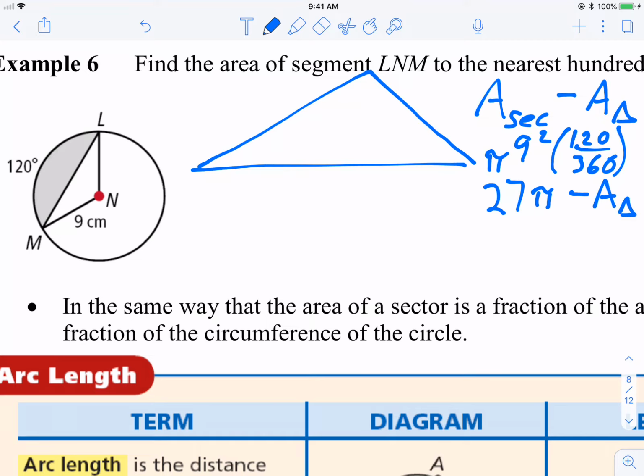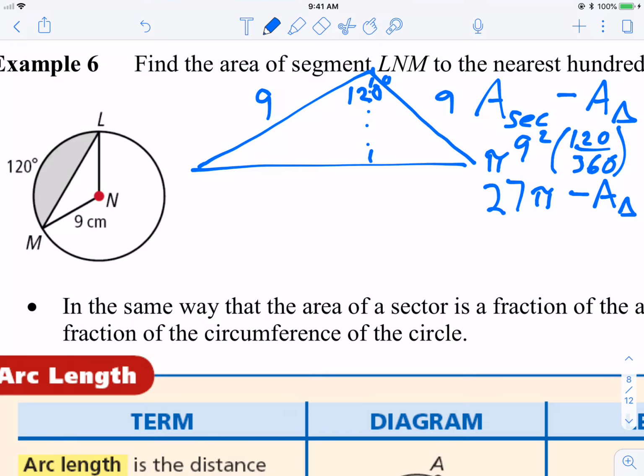We need to subtract away the area of this triangle, and this is where it gets a little bit tricky. So here is our rotated triangle. We have 120 degrees as the central angle up there, and we know that this radius is 9, so both of these are 9. My picture isn't exactly drawn to scale, as you can see, but that's okay.